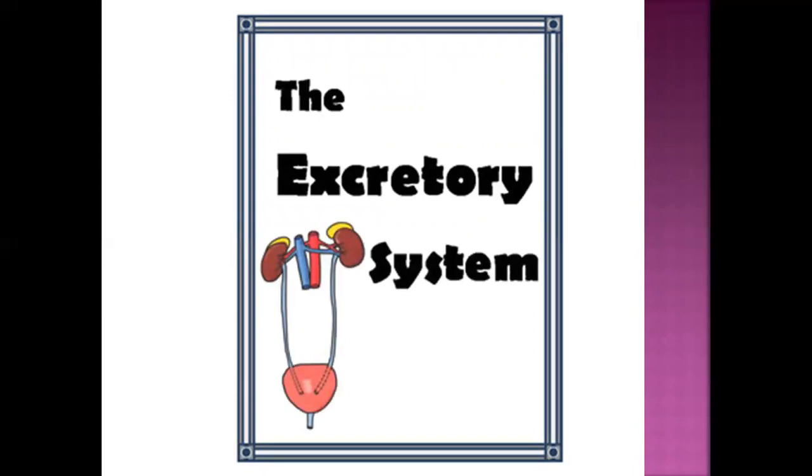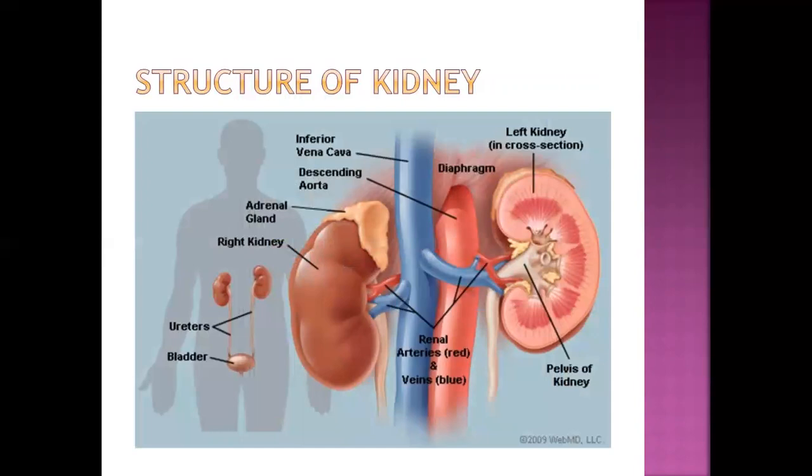Now our next topic is the excretory system. The excretory system in man consists of the urinary system, on which we will focus.